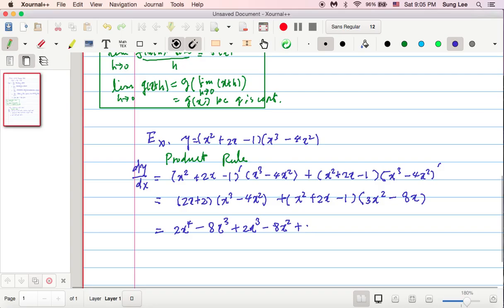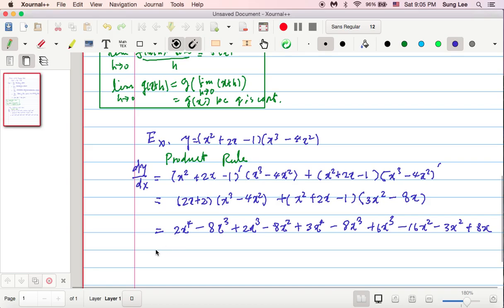First, 3x squared times x cubed gives 3x to the power 5, then 3x squared times negative 4x squared gives negative 12x to the power 4, which I should recheck. Then negative 8x cubed plus 6x cubed, and minus 16x squared. And lastly, negative x squared plus 8x.